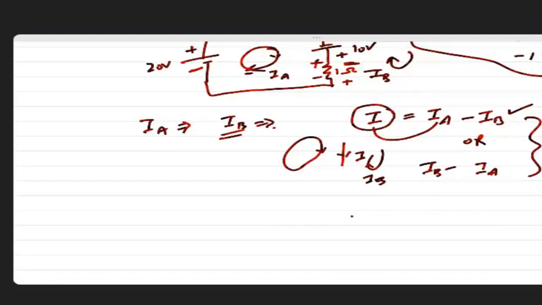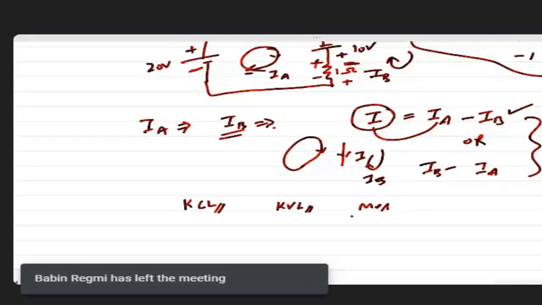When we start our course in the proper manner, we will cover all these things. I have prepared the notes for you: KVL, KCL, mesh, nodal. Theorems are also very important.